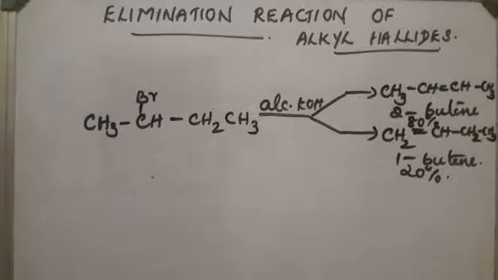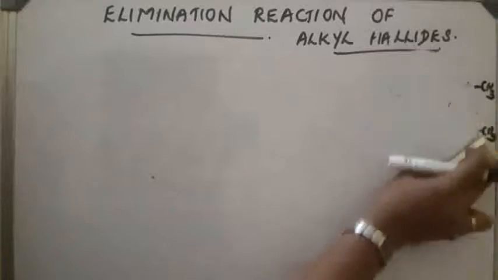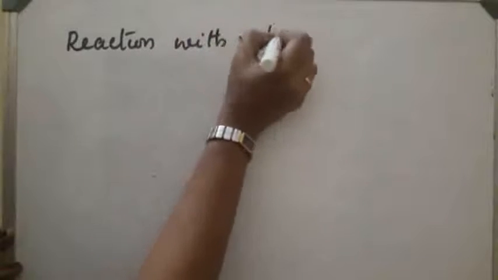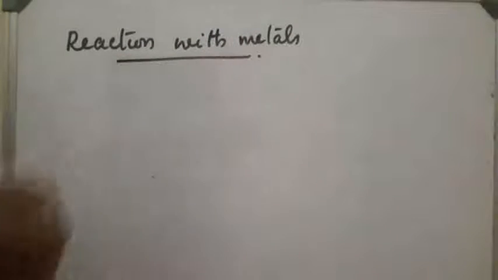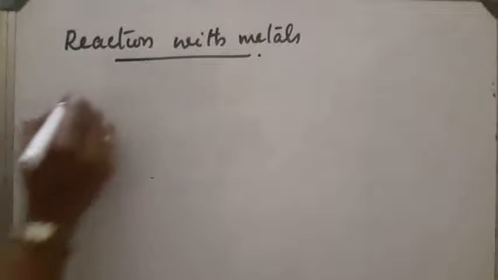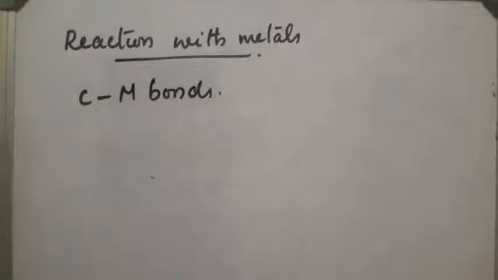Now let us take the next type of reaction. The third chemical reaction of haloalkanes is reaction with metals. Alkyl halides on reaction with certain metals form carbon-metal bonds.